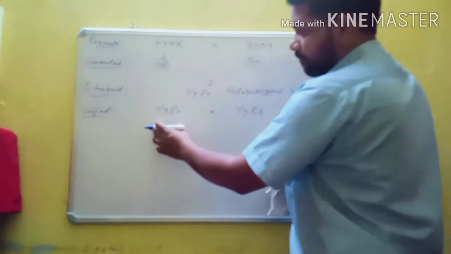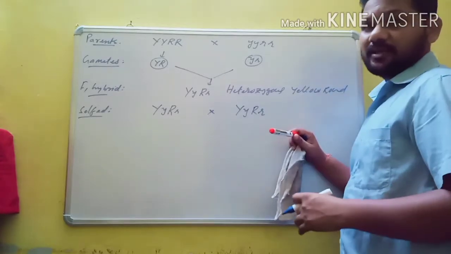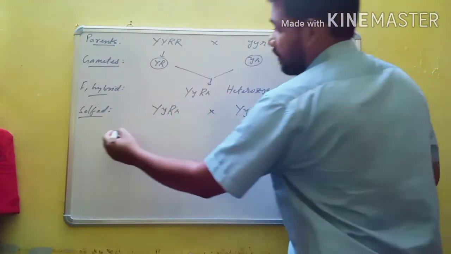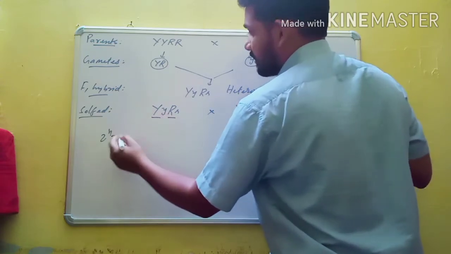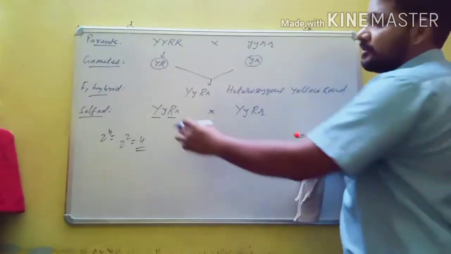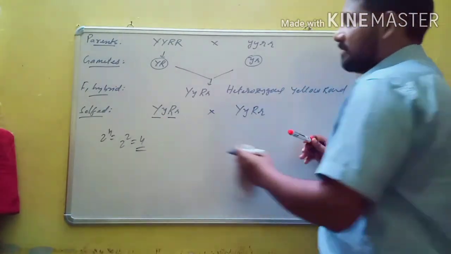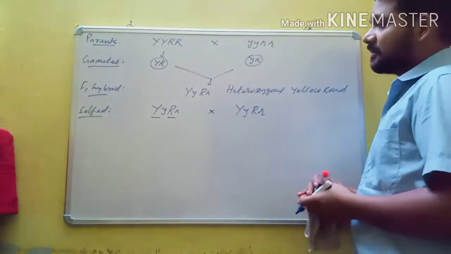With the help of the Punnett square, the forked-line method, or the 2 to the power of n formula, we easily obtain the different gametes. Here there are 2 heterozygous pairs, so how many gametes will this plant produce? 4 types of gametes, and the same type of gametes are also produced from the other plant.